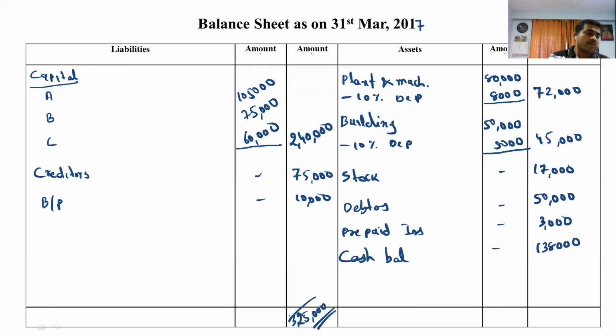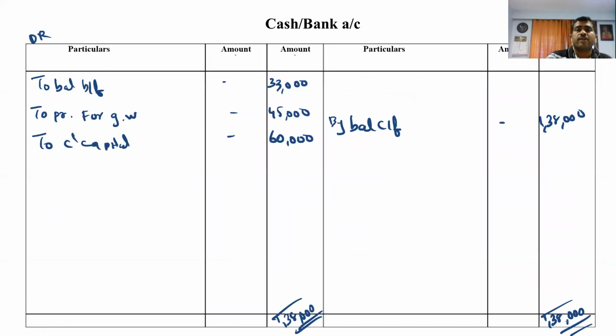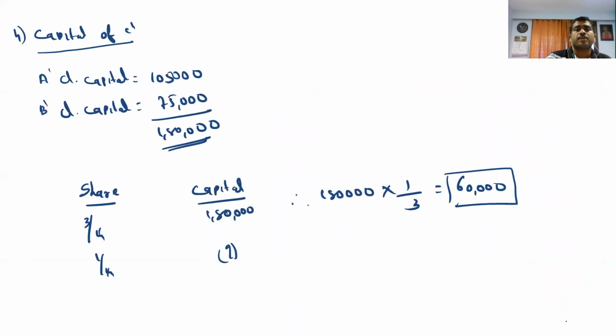The same asset also, 72 plus 45 plus 17 plus 50 plus 3 plus 138. 3,25,000. Clear? So it's a very important question, especially this point. It's totally new for you.